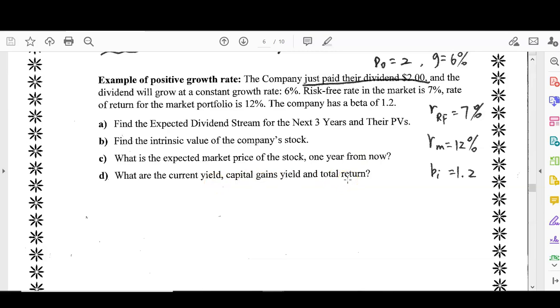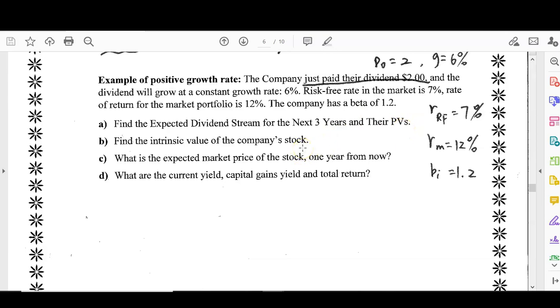So here you can probably try to solve this question by yourself. Try to draw the timeline, draw D0, and try to calculate D1, D2, D3, and their present values, and add them up to get P0.